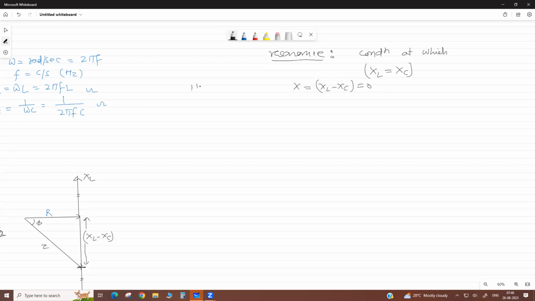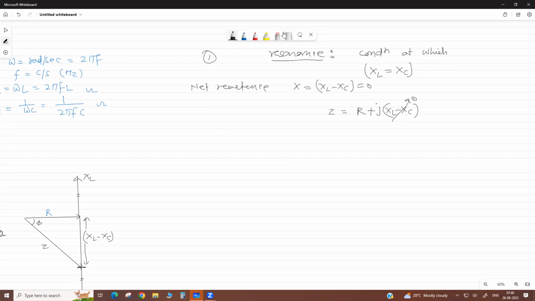Net reactance, the imaginary part of the circuit, like we write Z = R + j(XL minus XC). This j is the imaginary portion, so this becomes 0. Got it?